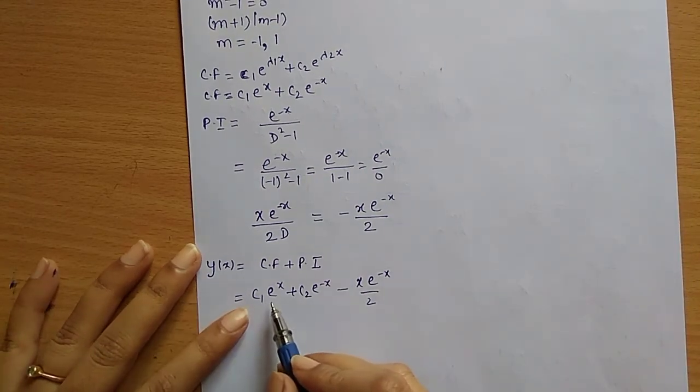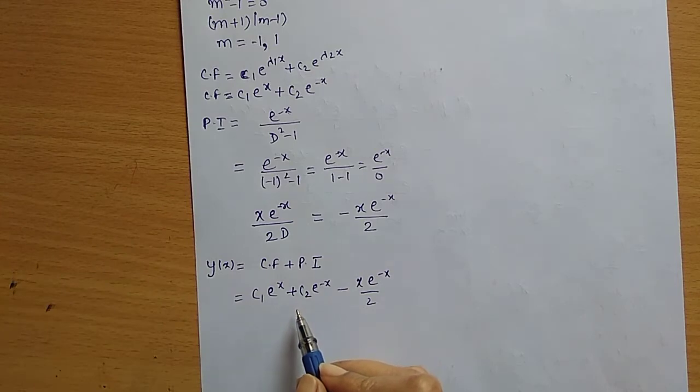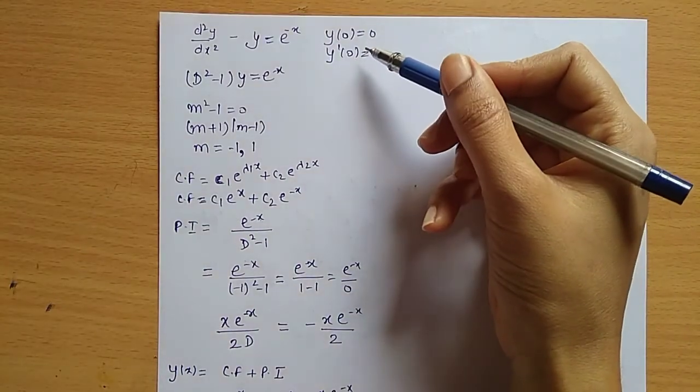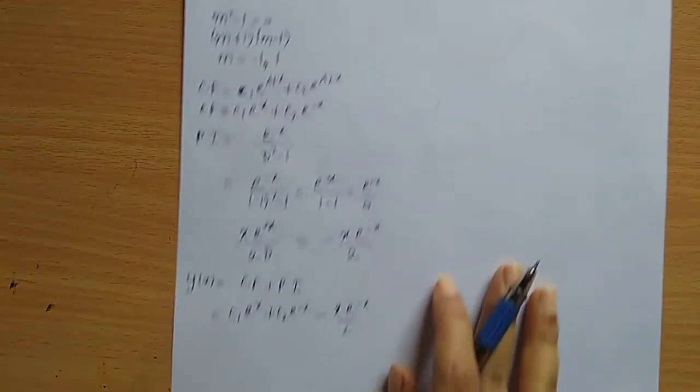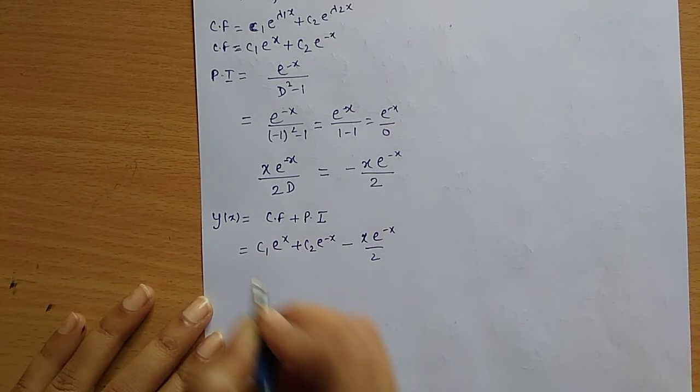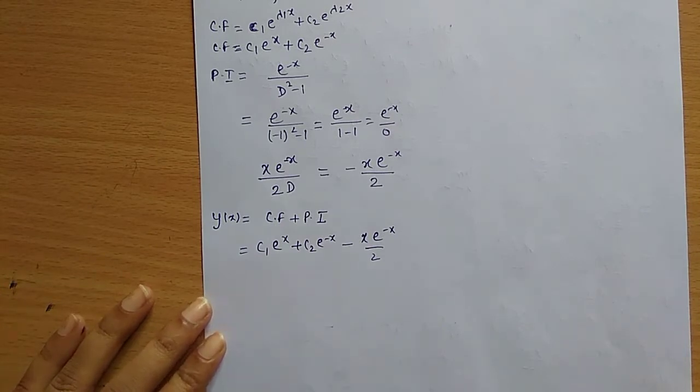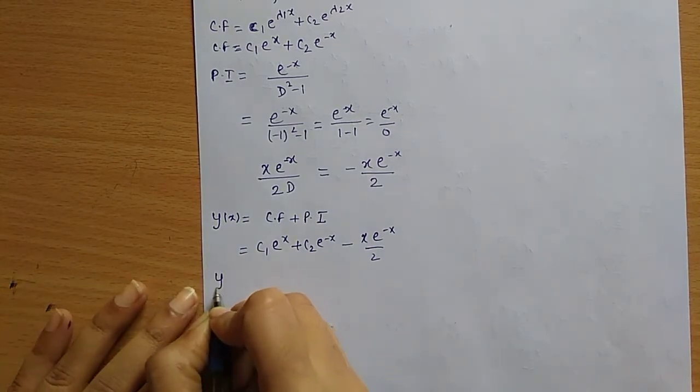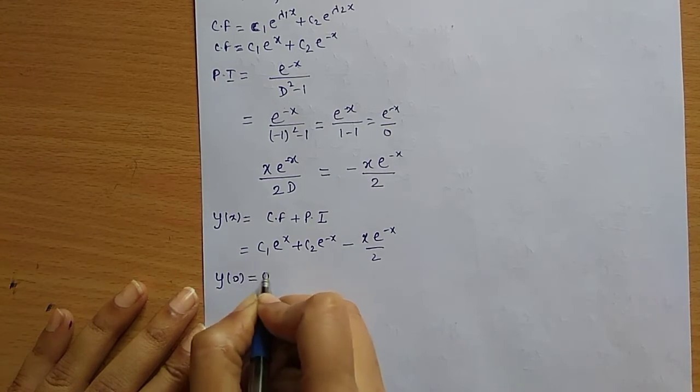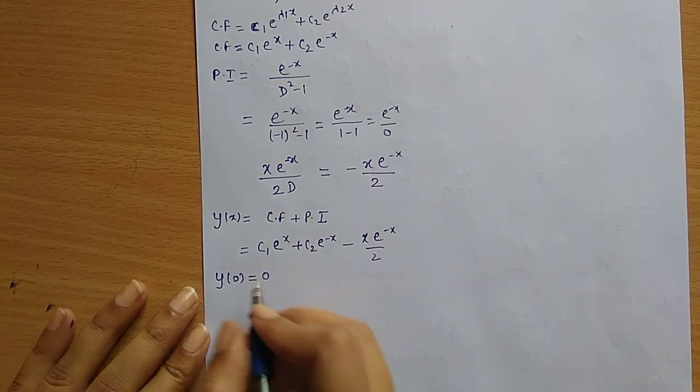Here you can see there are two constants, so we have to find the values of these constants with the help of the two conditions given in the question. For finding the values of the constants, we are going to use both of these conditions. The first condition is y(0) equals 0.